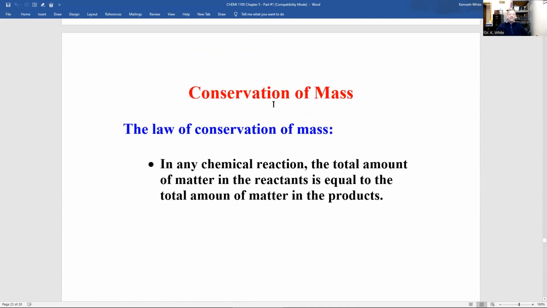Now, there's a principle called conservation of mass. And the law of conservation of mass is in any chemical reaction, the total amount of matter in the reactants is equal to the total amount of matter in the products. So whatever you start with, the total amount of matter in the reactants, remember, A and B are the reactants.